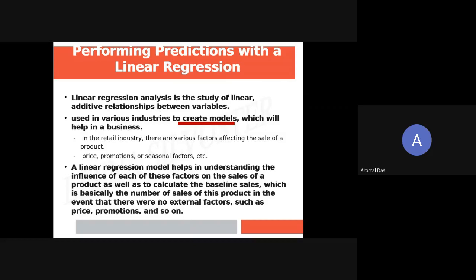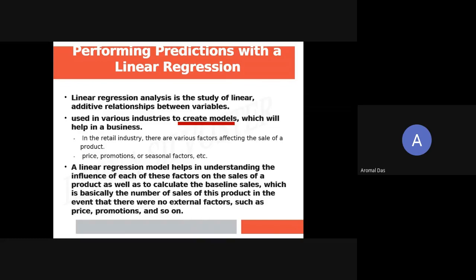For example, suppose in a retail industry, there may be certain factors like sales of the product, price, promotion, etc. So, how are they related? How the sales of a product progress based on price, based on seasonal factor, that is defined by this linear regression.